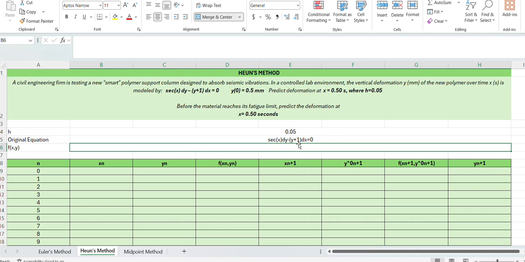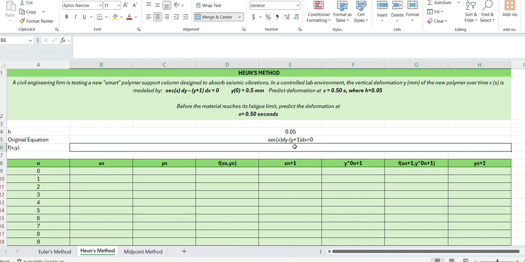To do that, we transpose the second term, y plus 1 times dx, to the other side, so it will be secant x dy equals (y plus 1) dx. If we divide both sides by secant x and dx, we get dy over dx equals y plus 1 over secant x.